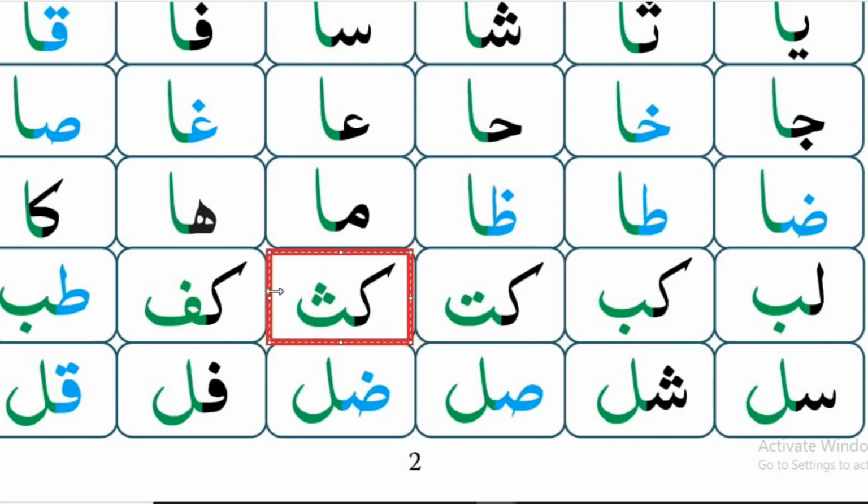And one more time, again the first letter is the same, and the second letter is the full shape of tha. And here the first letter again is kaf, and the next letter is the full shape of fa. It is the full shape because it is not connected to the next letter, because there is nothing after it. So a letter, if it is not connected, it is always the full shape of the letter.